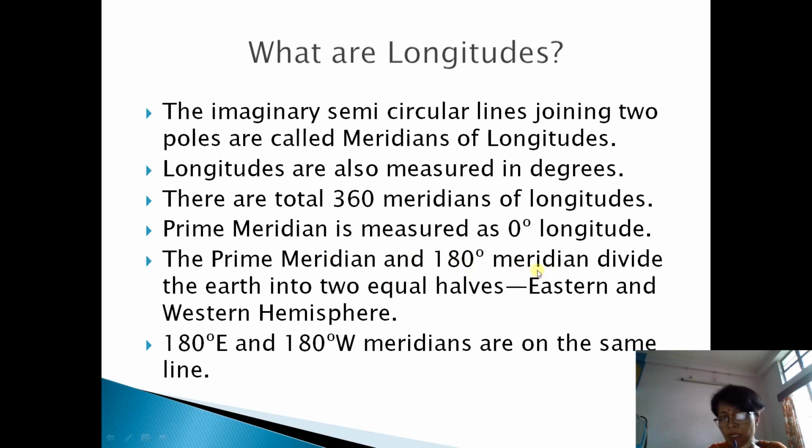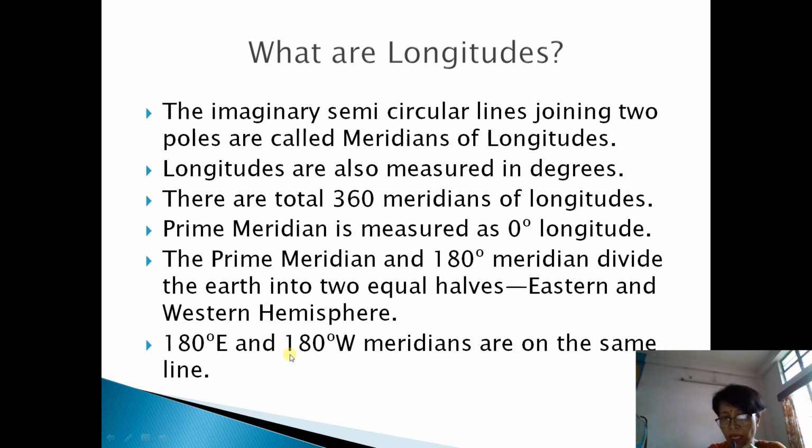Why along with the 180-degree meridian? Because the prime meridian alone cannot divide the earth, because it is a semicircular line. If the two semicircular lines are joined, they become one great circle, which can divide the earth into two equal parts, the eastern and western hemispheres.